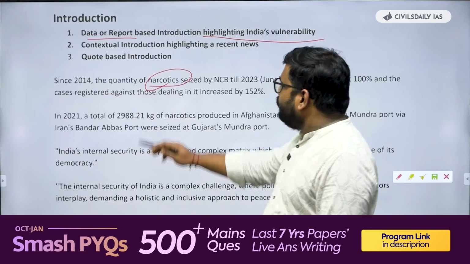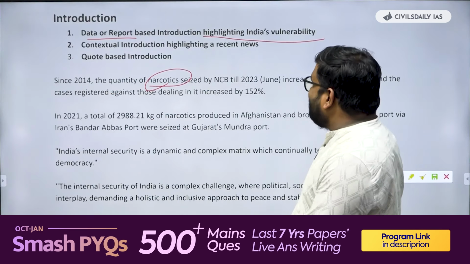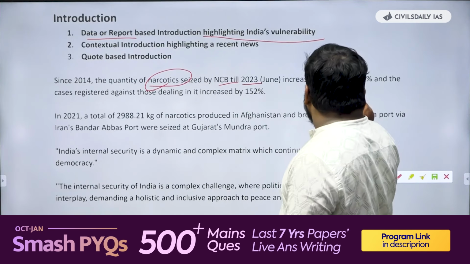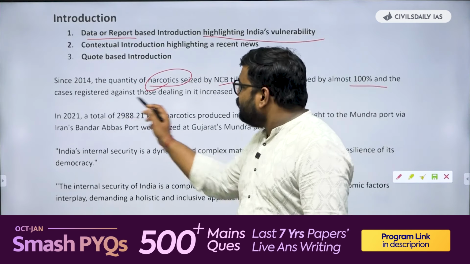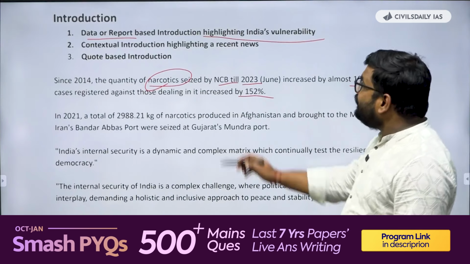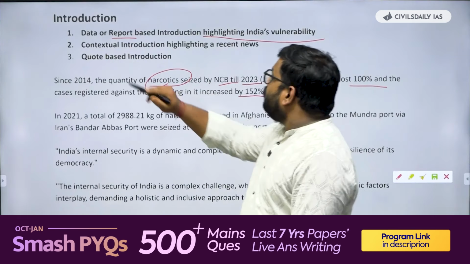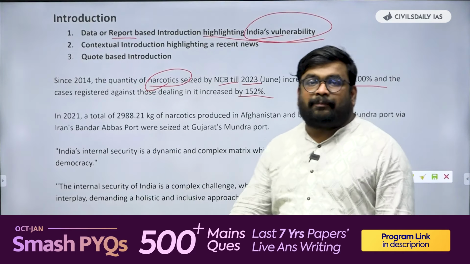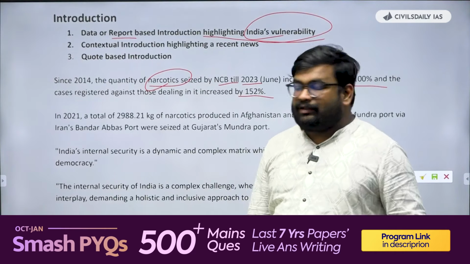Since 2014, the quantity of narcotics seized by the NCB till 2023 increased by 100% and cases registered increased by 152%. So this is the data report which highlights India's vulnerability to that particular internal security threat.